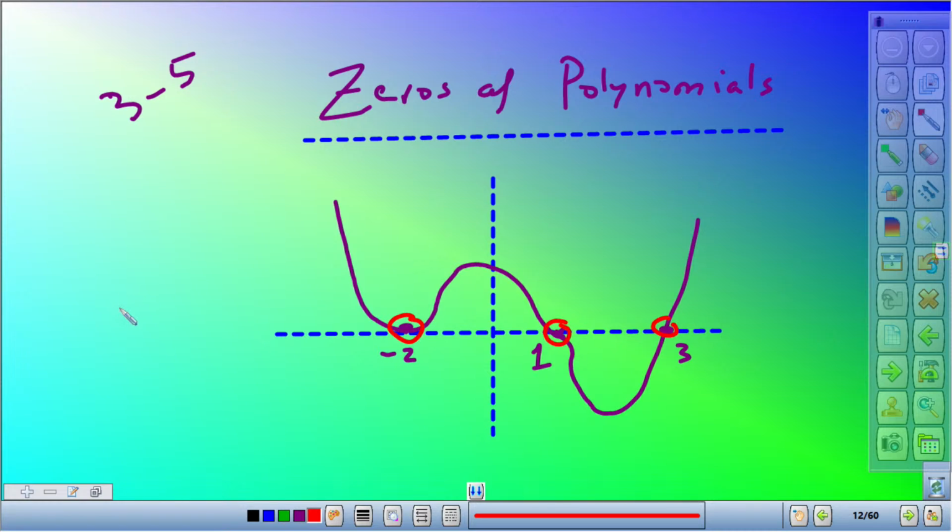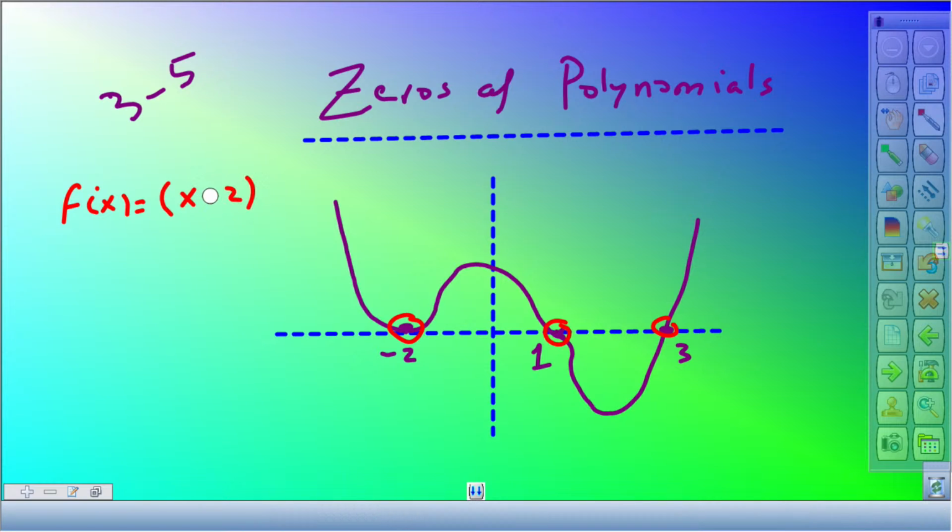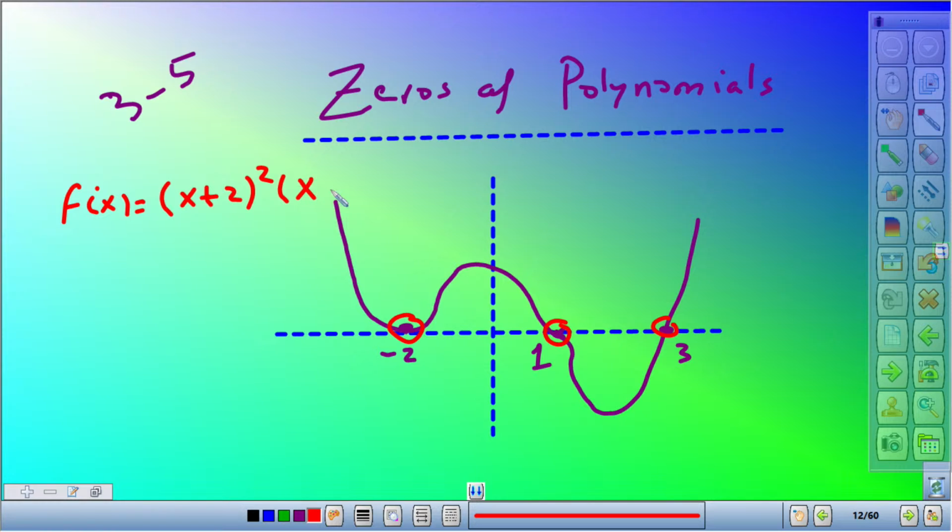If you have multiplicity, for example, if my function looks like this, I have x plus 2 squared, times x minus 1 to the 3rd degree, times x minus 3.